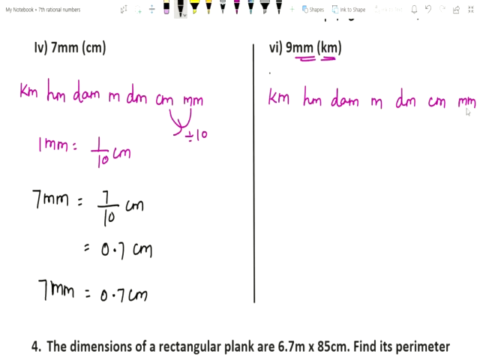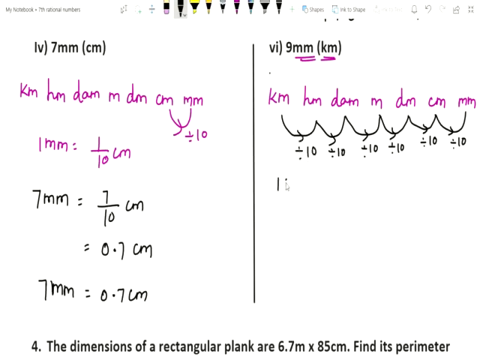You see that millimeter to kilometer, 1, 2, 3, 4, 5, 6. Okay, 6 steps. Divide by 10, divide by 10, divide by 10, divide by 10, divide by 10, and divide by 10.